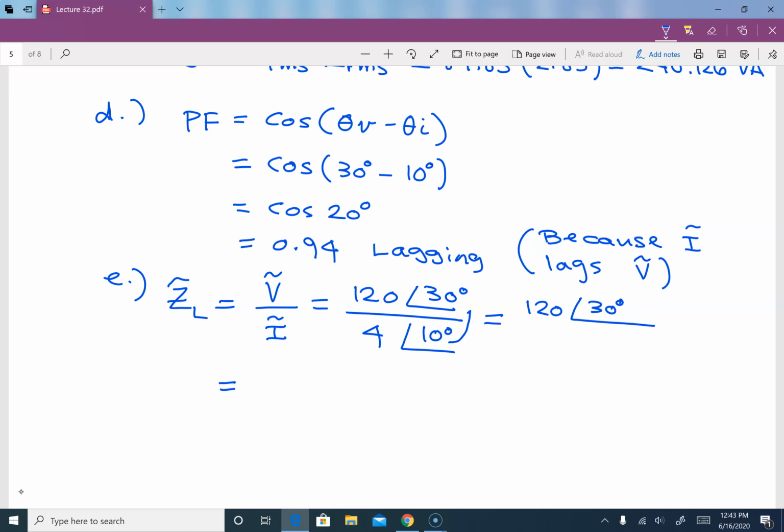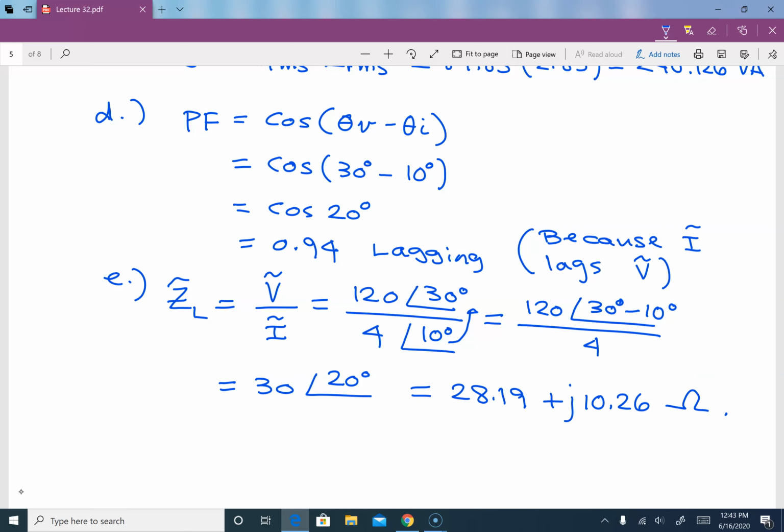We bring this angle to the top, it will become minus 10 because we need to flip the sign, divided by 4, and that will be 30 with an angle of 20 degrees, and this is equal to 28.19 plus j10.26 ohm.